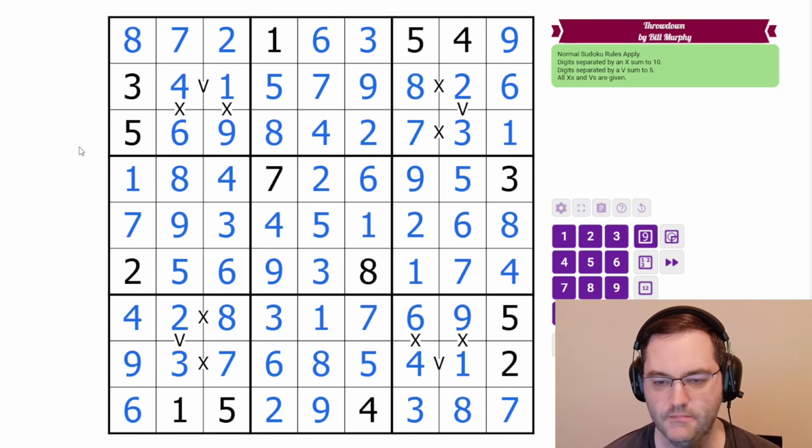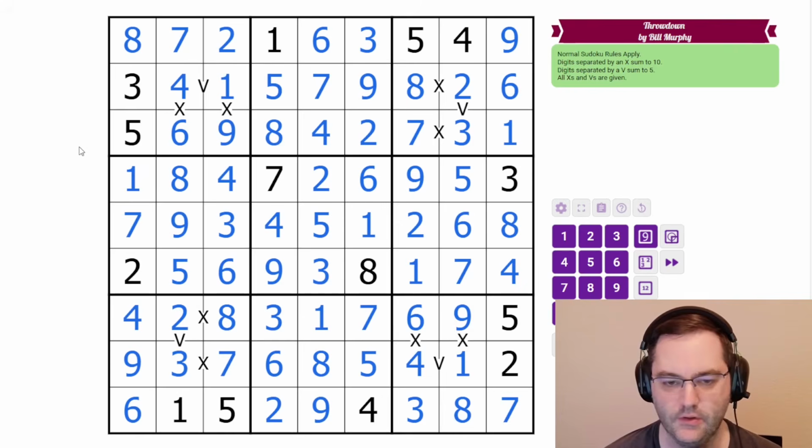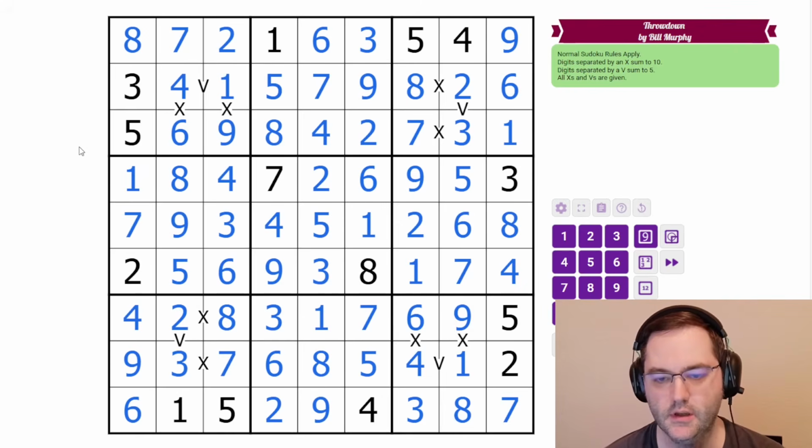Negative constraints mess with that in that not having a clue in one place versus having a clue has an effect on the entire grid, potentially. So it can be very hard to make them work, especially nice and symmetric like this.